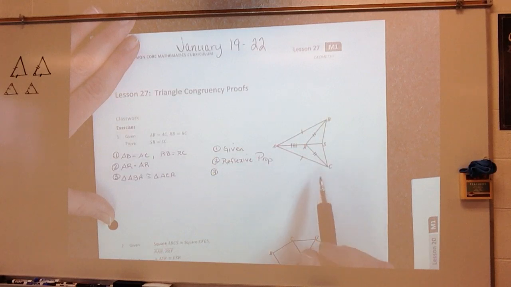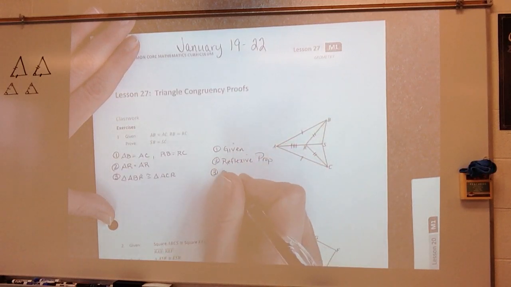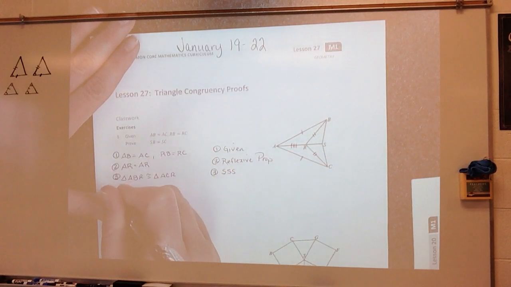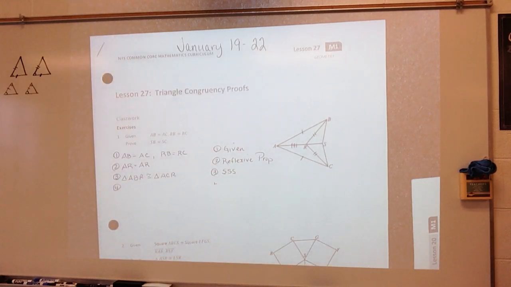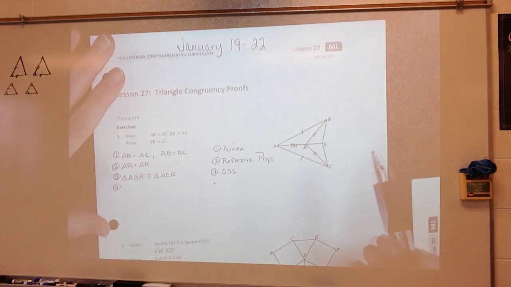How have I proven that? Well, look, I've proven it by side, side, side. So since I've proven triangles congruent, I now know that every corresponding part is equal.